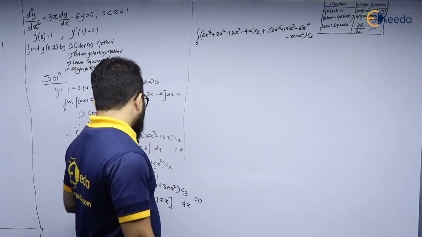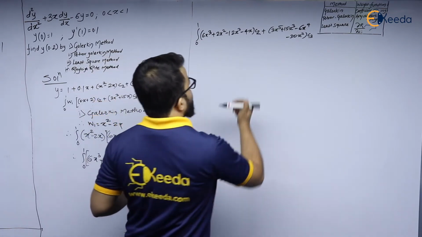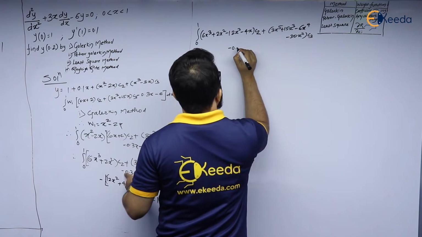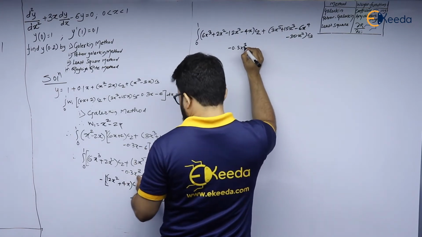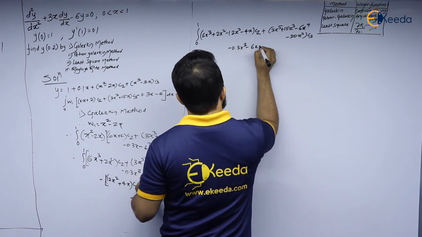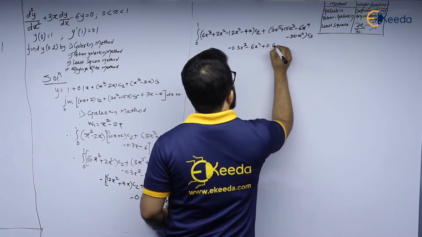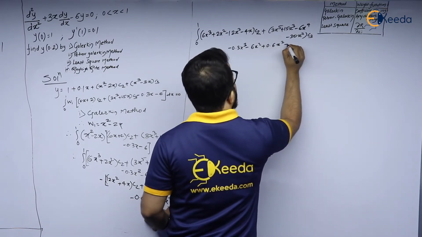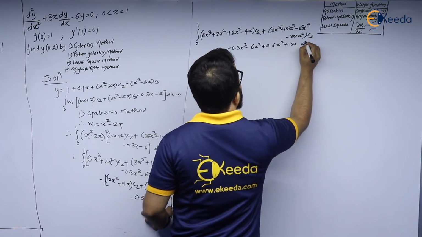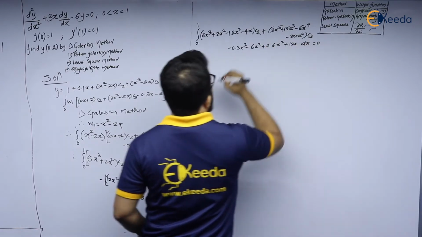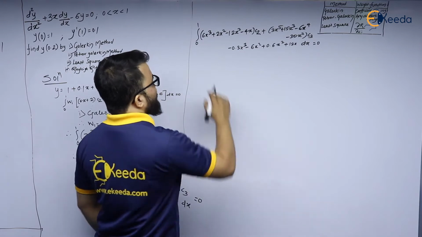So now we'll see the constant. So this constant is nothing but minus 3x cube minus 6x square, but due to this minus sign, this sign will be changed. So this becomes 0.6x square plus 12x dx is equals to 0. So now I will do the integration of this term.